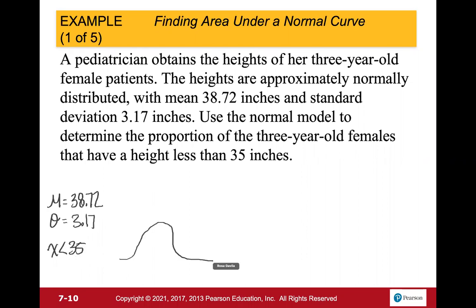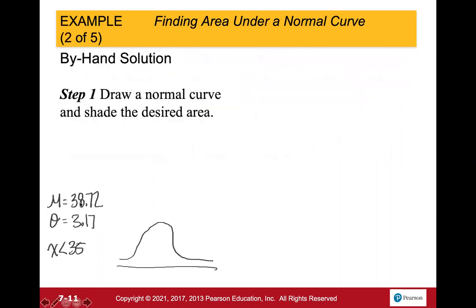Just roughly looking at this, 35 is less than 38.72, and remember the mean is always going to represent the highest part of our normal distribution. 35 is less, so I'm just going to draw this line over here, and we're looking for the area less than that.